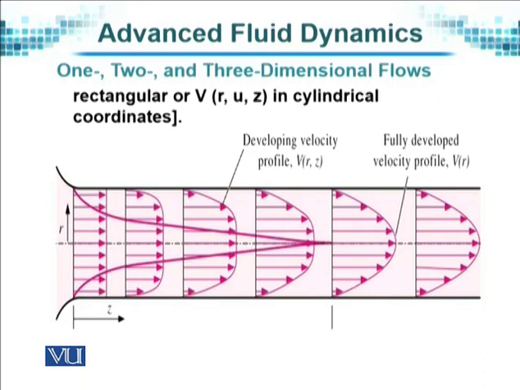For example, here is a fluid flow situation. We try to see how it is moving, and then when we are modeling the equations for this problem and trying to solve the situation with appropriate boundary conditions, you can see how the fluid is developing. Here is a pipe that is attached to a fluid coming from the left-hand side, as you see, and it is going in the right-hand direction.